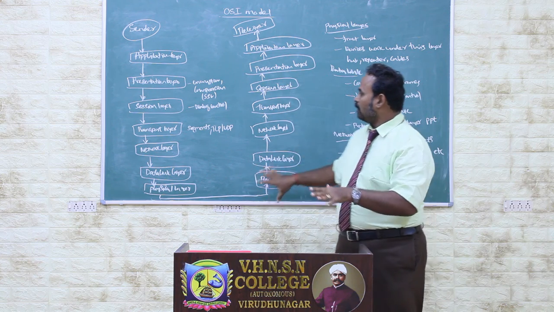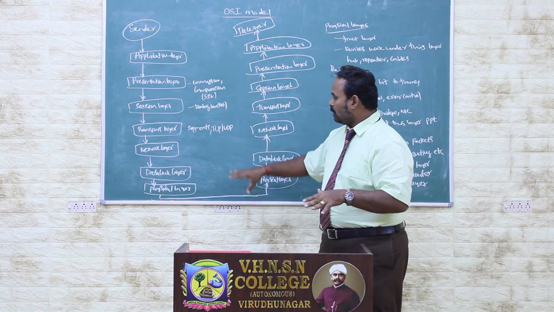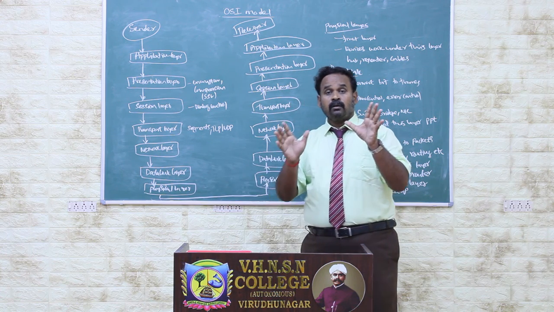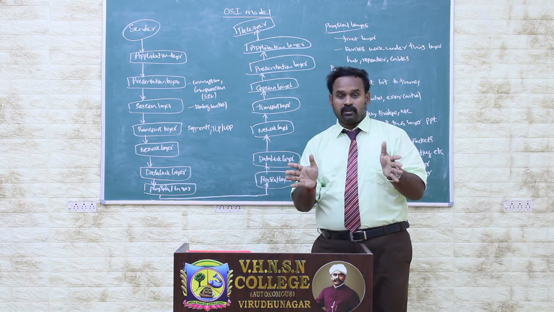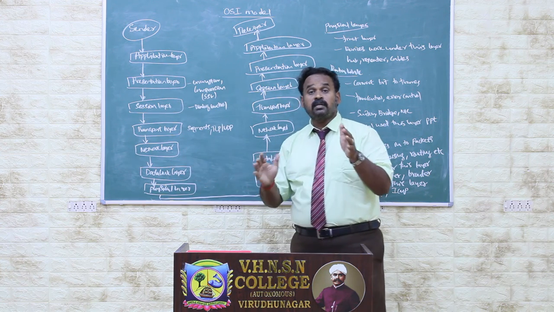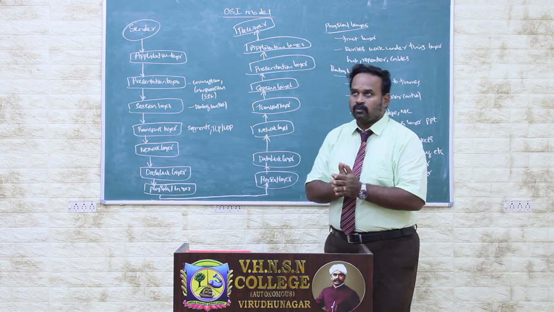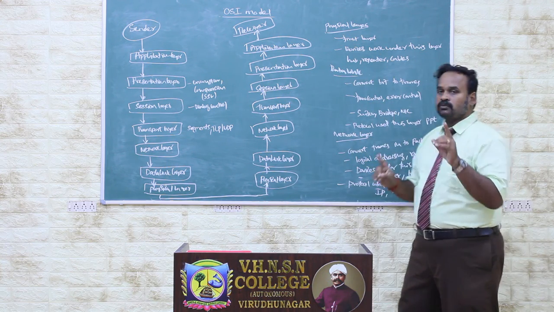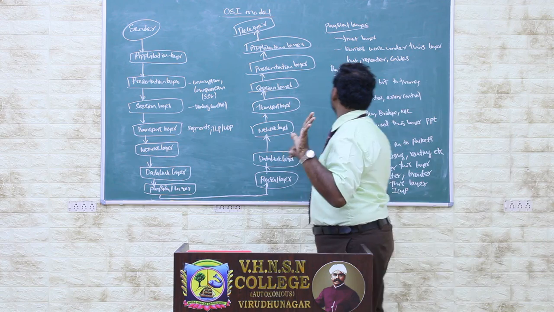In this model, we have 7 layers. The bottom layers, physical and data link, are usually on the network hardware side. The upper 5 layers are usually in the network software. Now let's discuss one by one. First of all, the physical layer. It is the first layer in the OSI model.